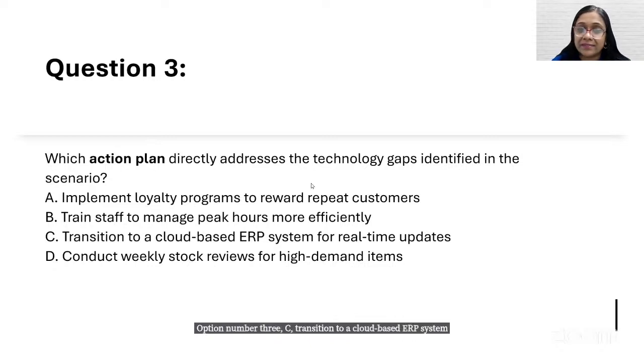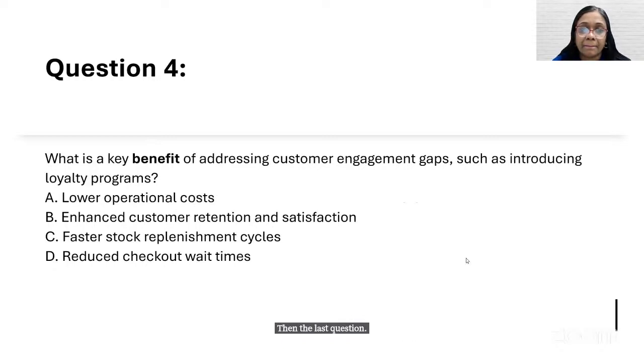Then the last question. What is the key benefit of addressing customer engagement gaps, such as introducing loyalty programs? What is the key benefit of that? Correct.